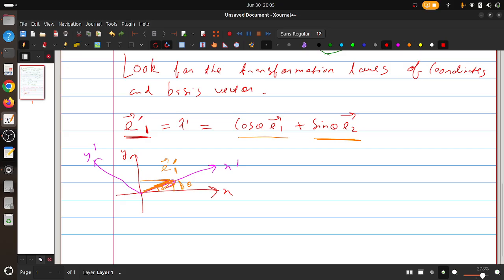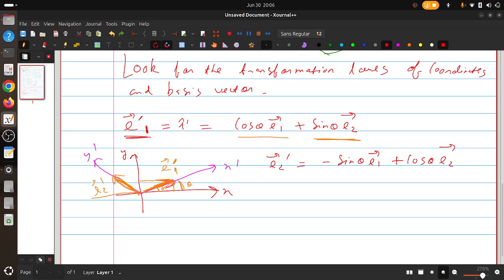So now what exactly is e2? If we look at this vector here, this is my e2 prime, right? From here we see that there is a negative component in the x direction and a positive component in the y direction, which is minus sine theta e1 plus cos theta e2.